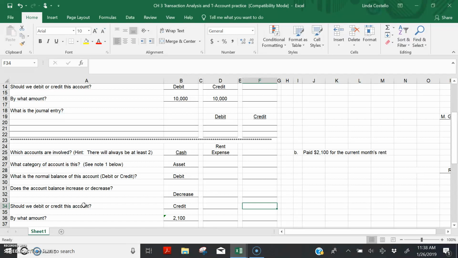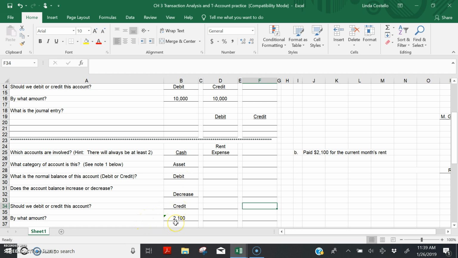Like signs add and opposite signs subtract. Cash is an asset with a normal debit balance. We want to subtract from or decrease its balance. Opposite signs subtract, so we have to credit the account to decrease its balance.